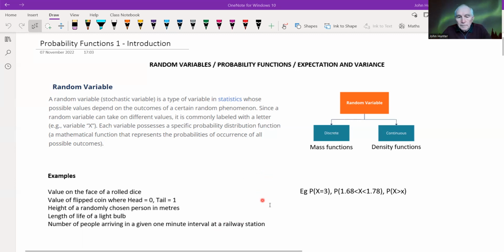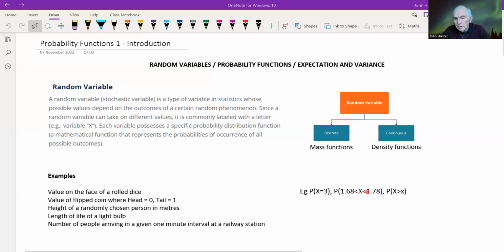Okay, and when we write these probabilities down, this is the sort of notation we tend to use. The probability X equals 3, the probability that this random variable is equal to a particular value. That would probably be for a discrete probability. The probability that the random variable falls between 1.68 and 1.78. That could be the height example, couldn't it?